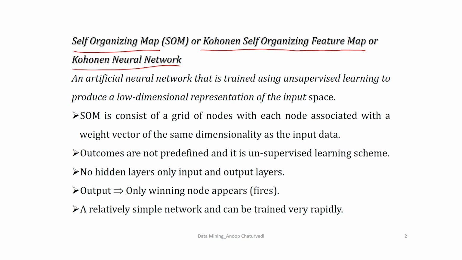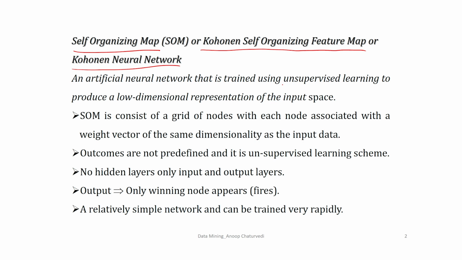So, as I mentioned earlier, the self-organizing map has just two layers, input layer and output layer, and it does not have any hidden layer. Then it is trained using unsupervised learning, because you do not know which observation belongs to which particular grid. This information is not given while training the model.